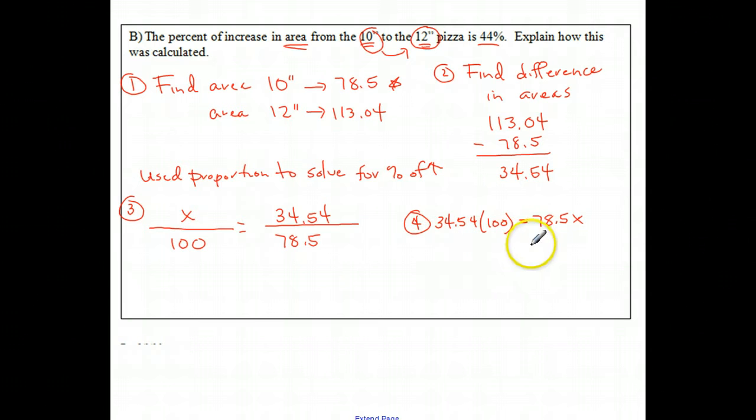If I need to explain where this is coming from, and I'm getting a little bit squished down here, so probably isn't best practice, but I'm going to draw an arrow so that we can explain, which we have to do, where this is coming from. For this, I would say that I used cross products to form my equation.